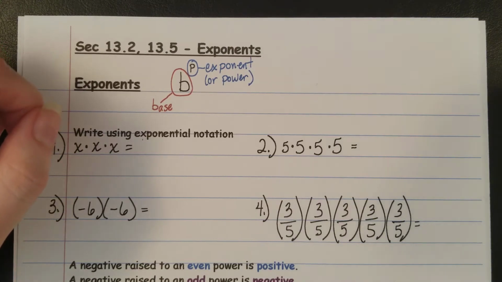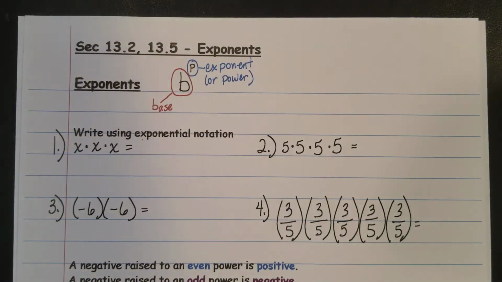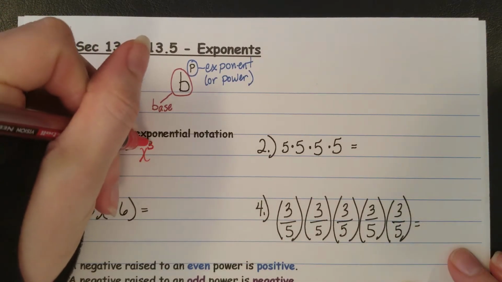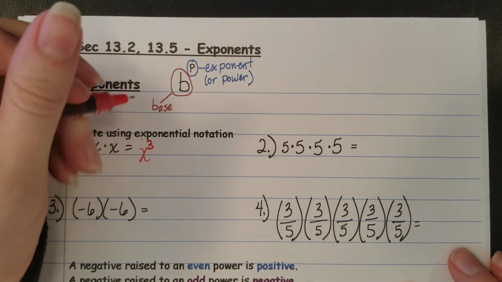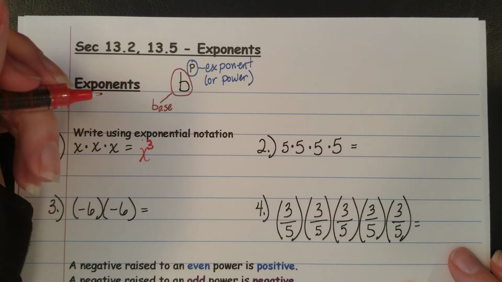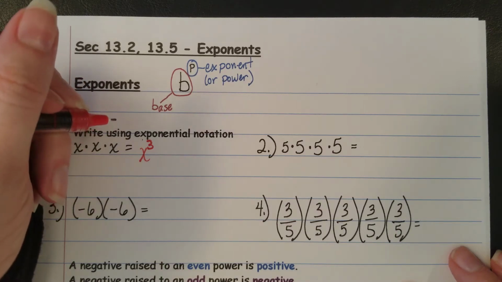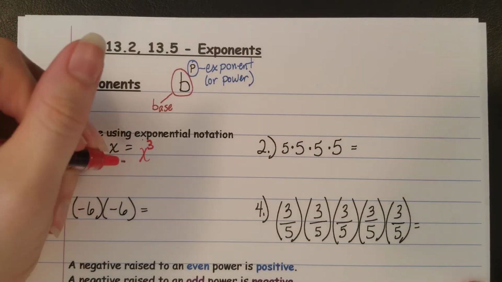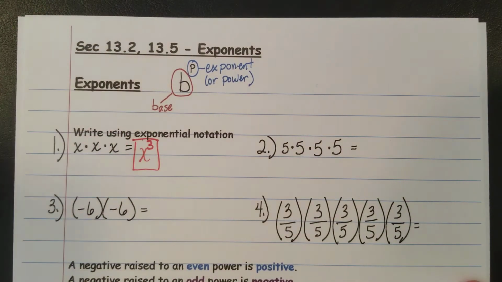If we want to write using exponential notation, x times x times x would be written as x to the third power. Okay, and x to the third power is also sometimes described as x cubed. That's all they're looking for on that.